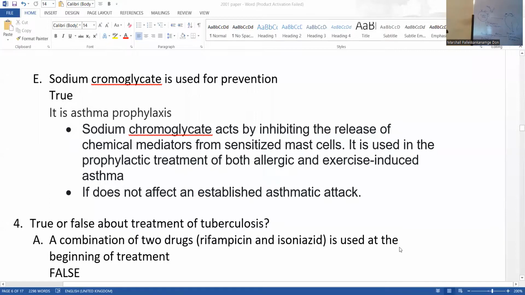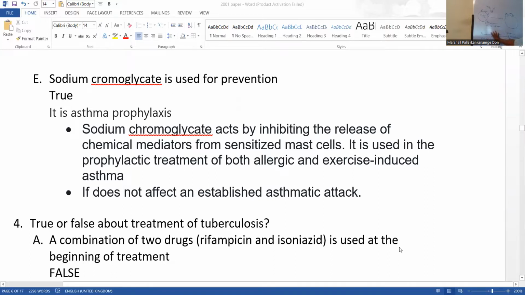Okay. Now, sodium chromoglycate, what happens here? It inhibits release of chemical mediators. It inhibits this step. Even after cross-linking, when the chromoglycate is given, the mast cell will not burst and release chemicals.